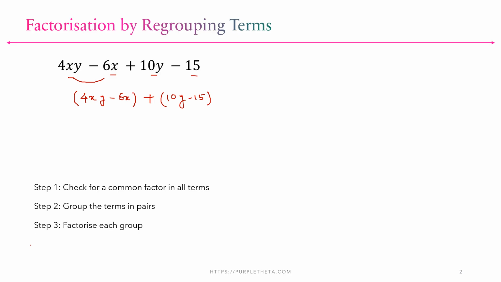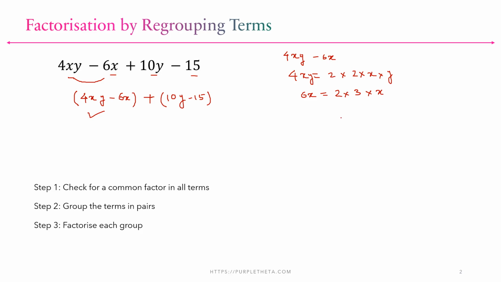After that we have step 3, that is to factorize each group. So let us take the first group, 4xy minus 6x. I will write it down here. 4xy will be written as 2 multiplied by 2, that is 4, multiplied by x multiplied by y. And 6x will be written as 2 multiplied by 3, multiplied by x.